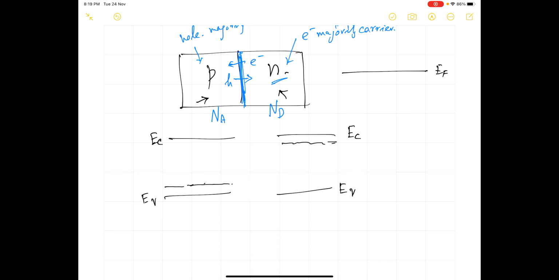The donor ion has an extra electron. Once it gives away the electron, the donor ion becomes positive, because it has given away the extra electron.